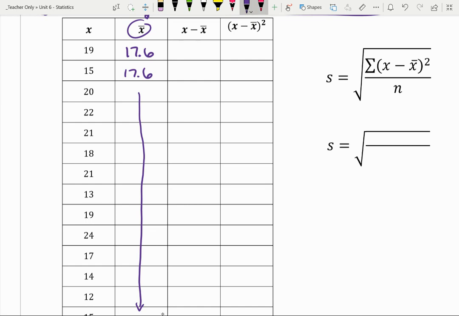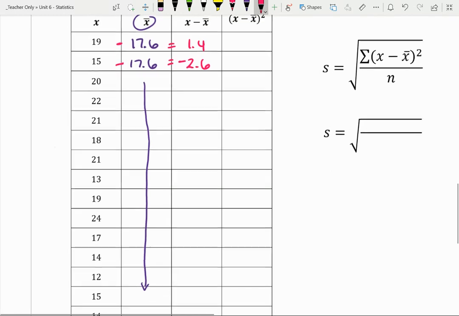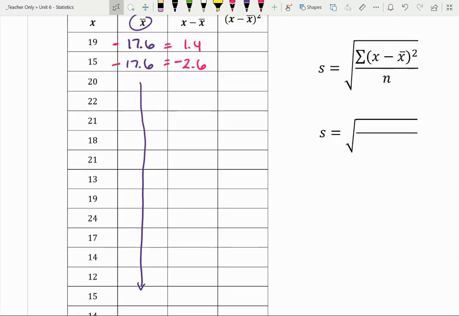And then our second column is found by that difference. So 19 minus 17.6 equals 1.4. 15 minus 17.6 equals negative 2.6. So I know this is a lot to do by hand, but it's going to give us that measure that we're looking for.